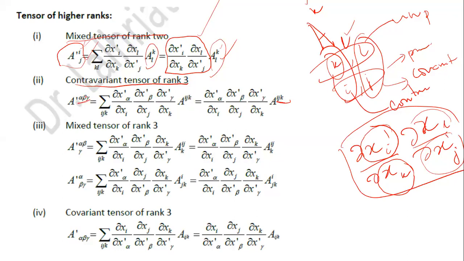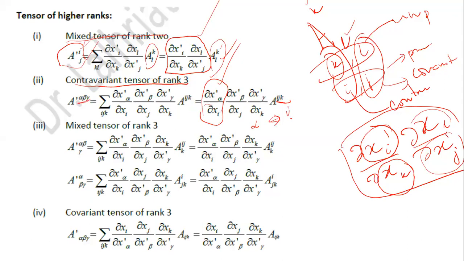Here you identify that alpha and I are the corresponding contravariant index. So the transformation coefficient should involve del x alpha prime, the prime coordinate variable in numerator, del xi, the unprimed, in denominator.